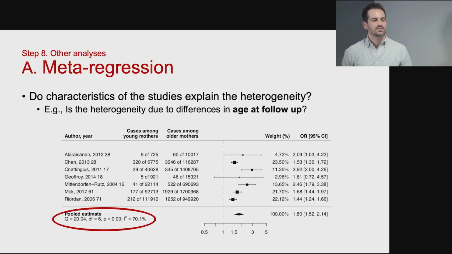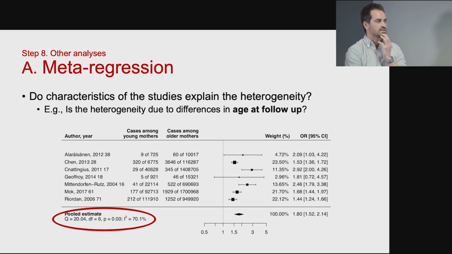Just very rapidly, some other analyses you may want to do. As in classical studies, you study an association, then you want to adjust for the confounding variables. The same things you can do in meta-analysis. In particular, when there is a lot of heterogeneity in the studies, you may think, is this heterogeneity because of differences across the studies?